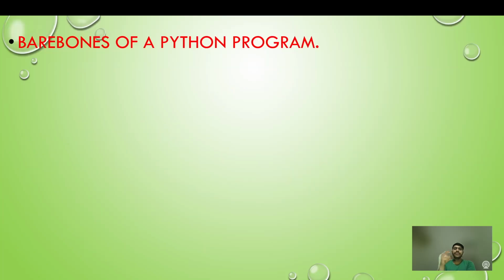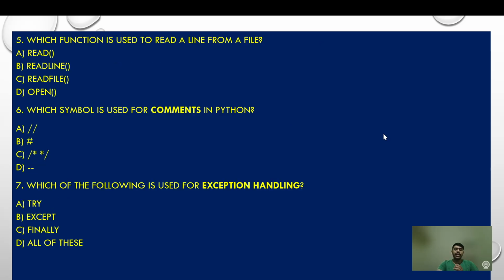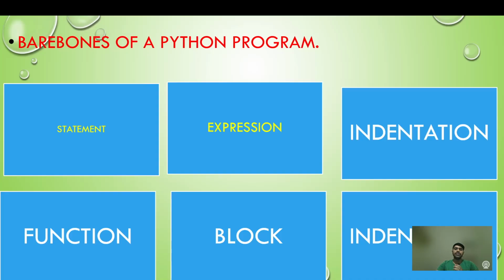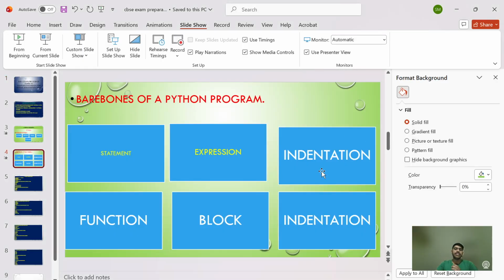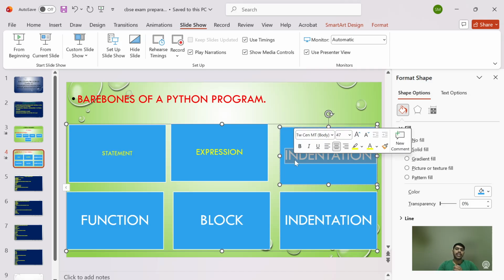Next slide. So the bare bones of a Python program. These are the bare bones of a Python program. Very, very important: statements, expression, indentation, function, block. Indentation is repeated. Just going back here to make some editing, you can take this one, what we have missed: comment line.